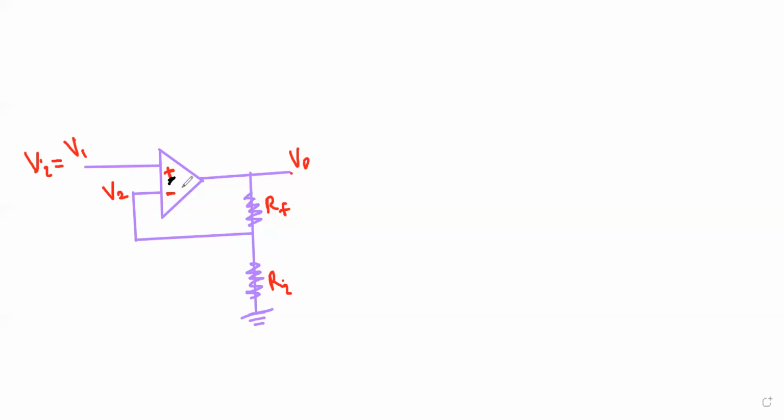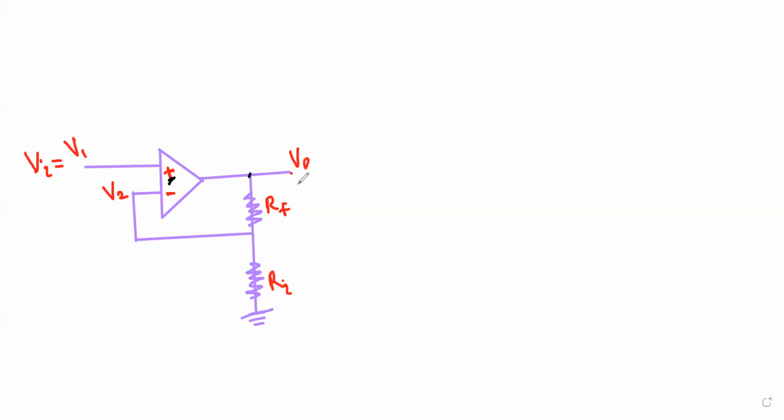Otherwise, if you give positive feedback, it won't equate the positive and negative terminal voltage values. For these types of applications, we must equate these two values, V1 and V2. That's why we always use negative feedback. So here we have given the negative feedback, which means we take some part of the voltage from V output and provide it to that same input. So this is the main circuit.